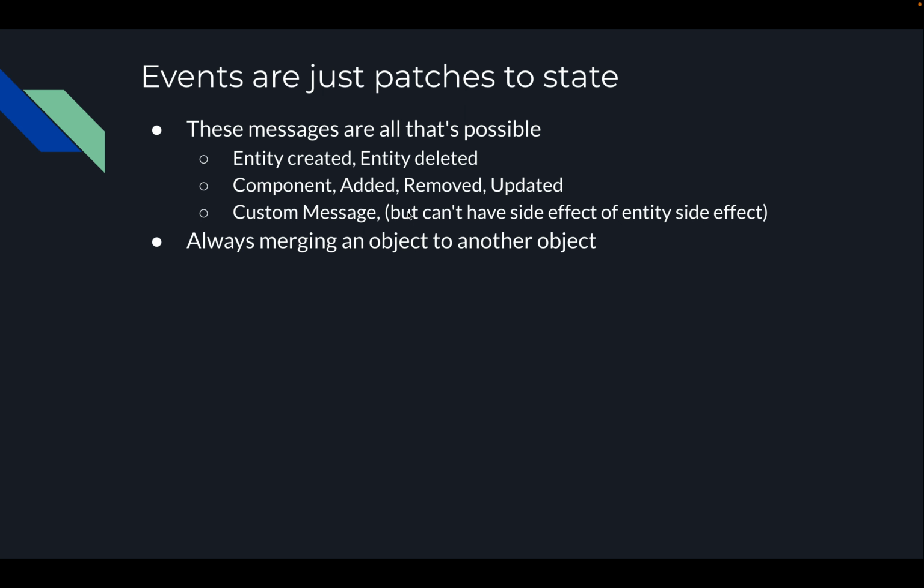You can send a custom message to inform the client to do other things, and maybe based on that message, it will inform them to create one of these kinds of messages. So essentially, all the different kinds of messages are these 5 or so, and they're always just merging, they're just patching that state object.